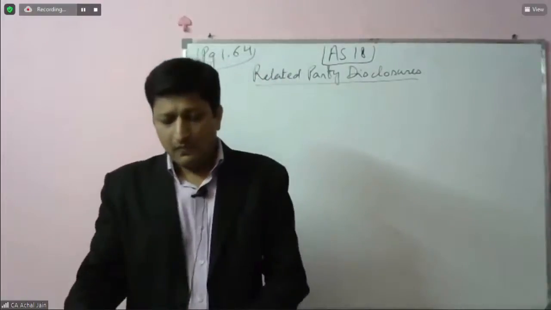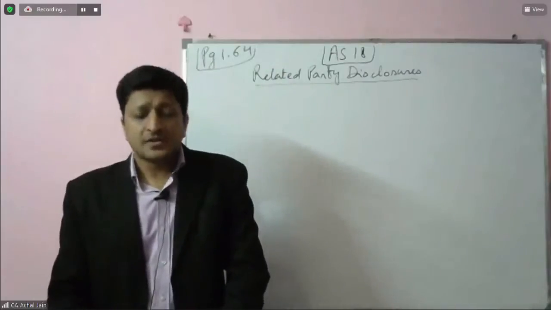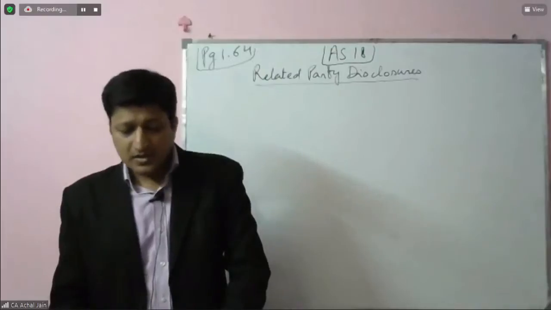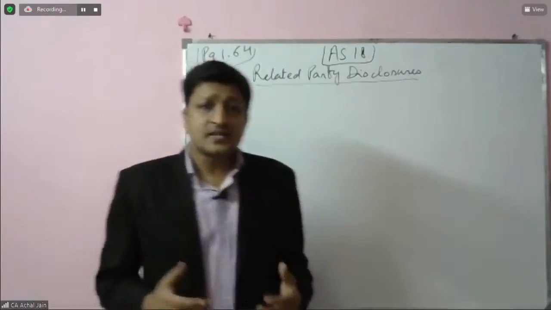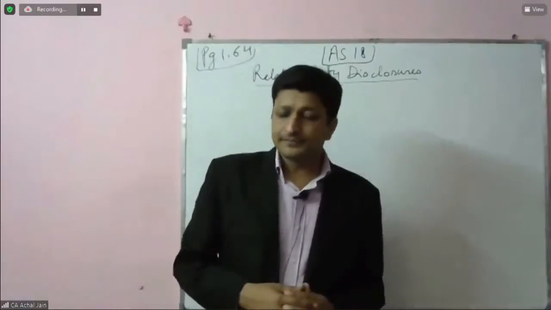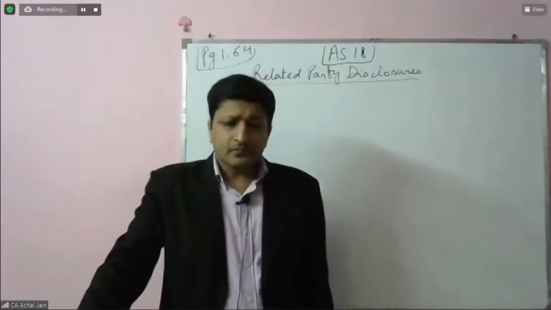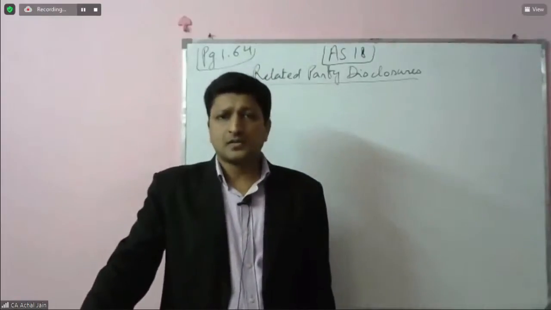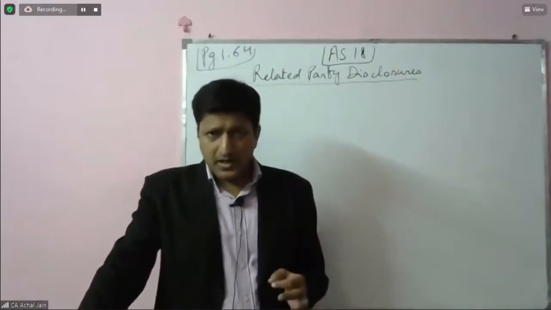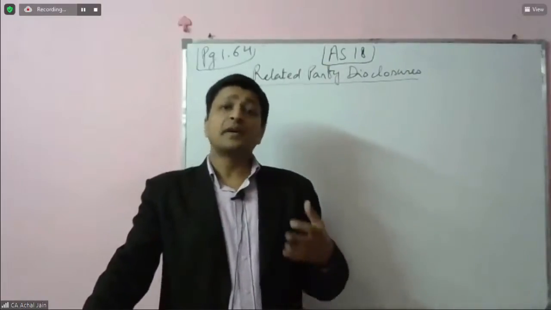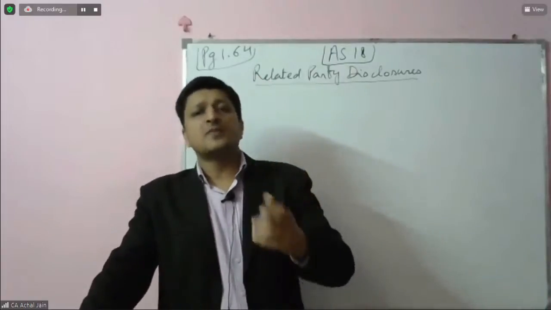Before I move on to the various concepts which we need to cover in this standard, let us just quickly understand about the related party. In very simple terms, we can say a related party is a party which is able to influence us or get influenced by us.